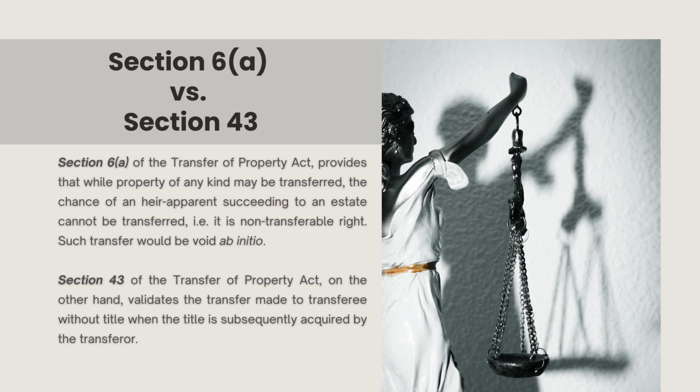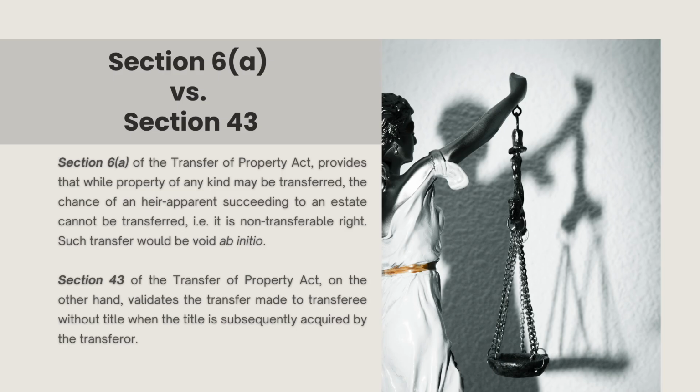Section 6A provides that while property of any kind may be transferred, the chance of an heir apparent succeeding to an estate cannot be transferred. That is, it is not a transferable right. Such transfer would be void ab initio.